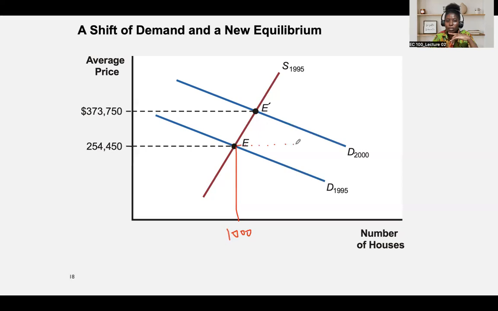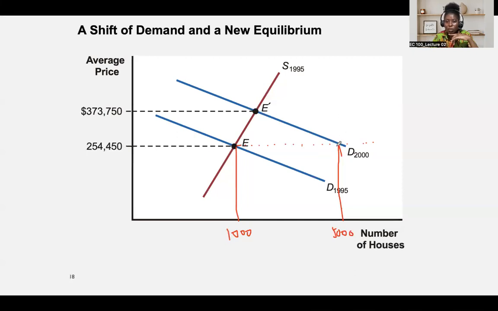At the same previous equilibrium level, if people's income increases and the price of a house is still the same, more people will buy houses. So here you have, let's say, 5,000 houses bought at the same price.